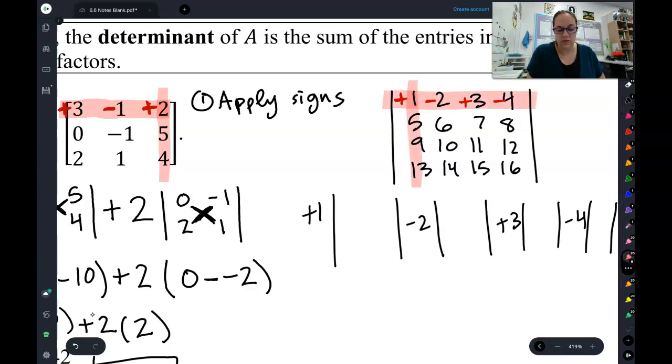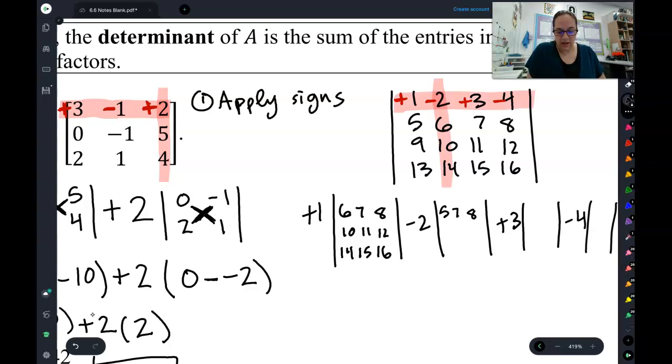So this one I'd cancel those two, and I'd end up with 6, 7, 8, 10, 11, 12, 14, 15, 16. And then I could erase those two. Next I'd cancel those two and get 5, 7, 8, 9, 11, 12, 13, 15, 16, and so on and so forth. Keep doing that process for the other two.